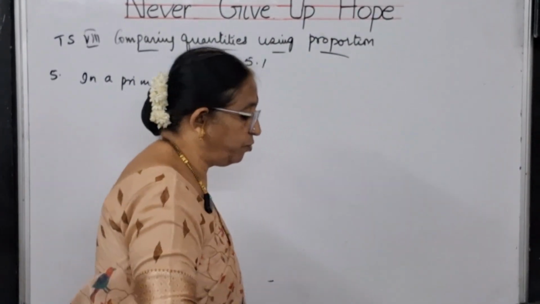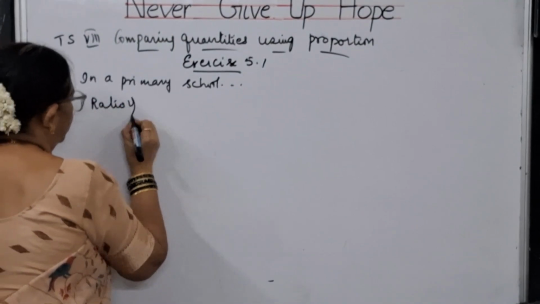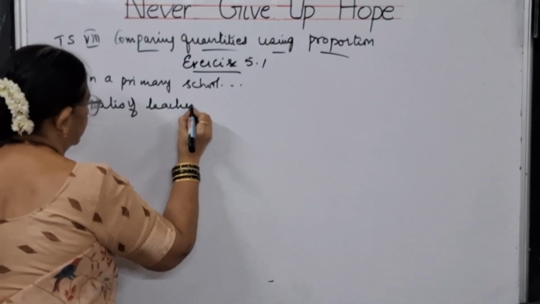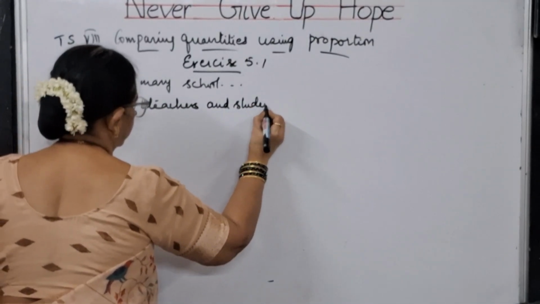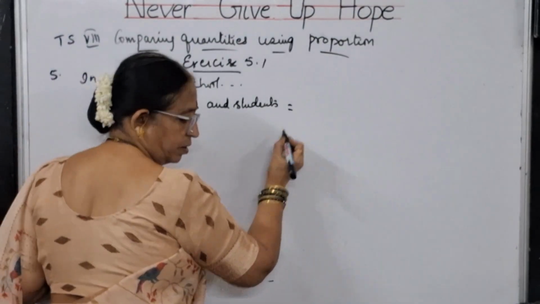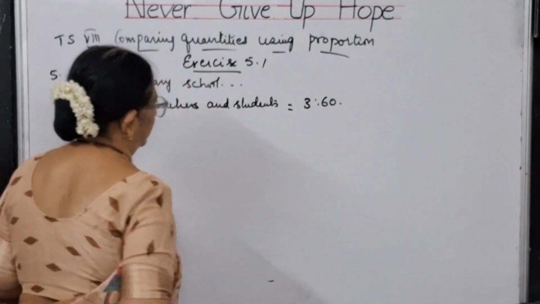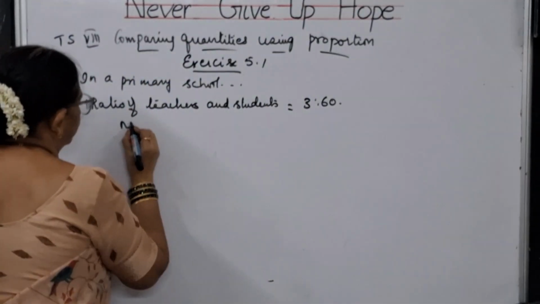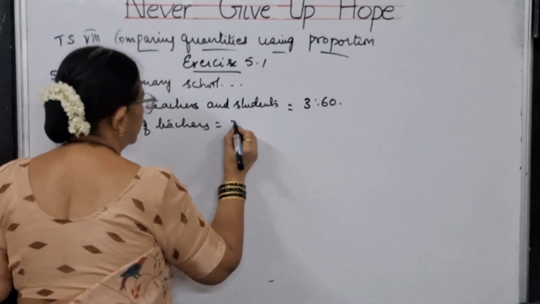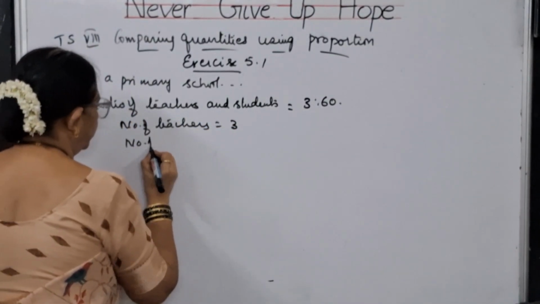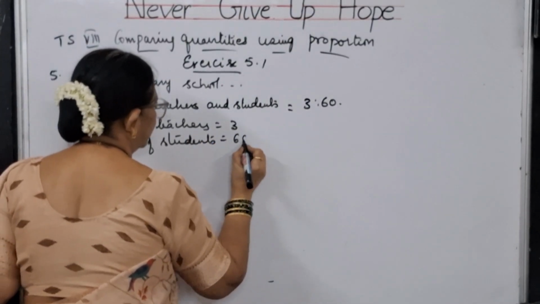What is the ratio of teachers and students? The ratio of teachers and students is given as 3 is to 60. That means the number of teachers is 3 and the number of students is 60.